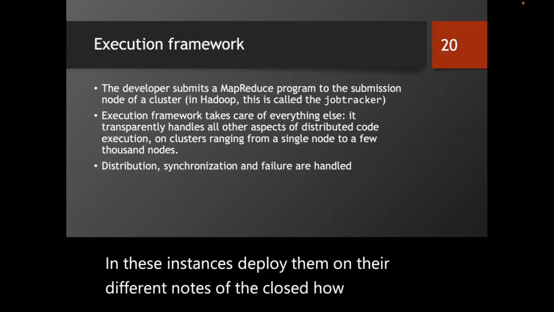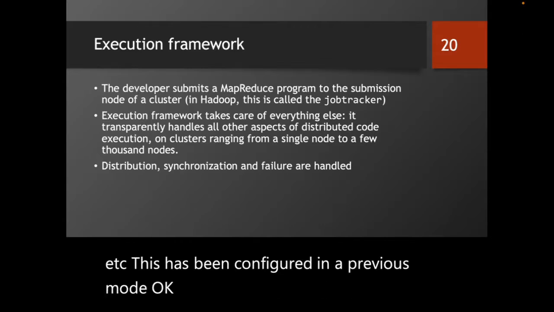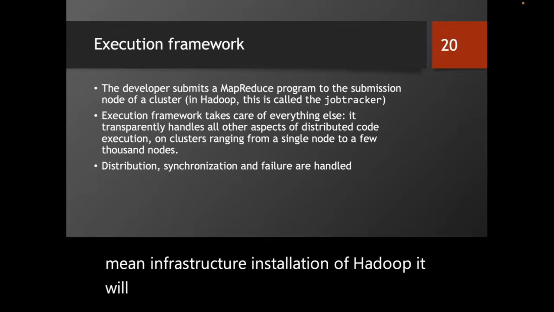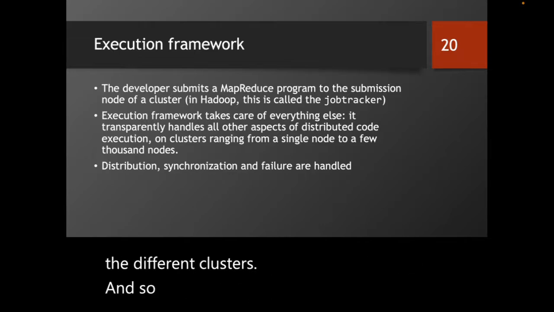How many nodes, etc., has been configured in a previous moment. Under a pre-configured infrastructure installation of Hadoop, it will decide how many mappers it will run on the different clusters, and so it triggers that.